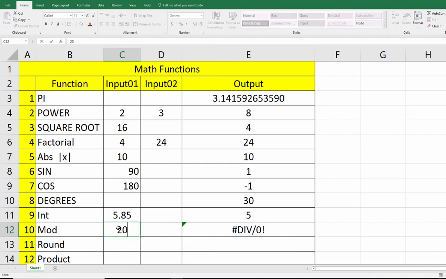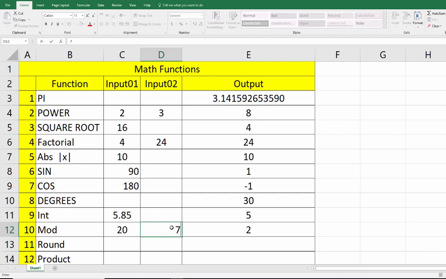I will write the example 20. If I divide 20 by 5, what's the remainder? It's 0. If I divide it by 6, there will be 3 times 6, 18, and the remainder will be 2. You get it? If I do 9 times 2, 18, it will again be 2.